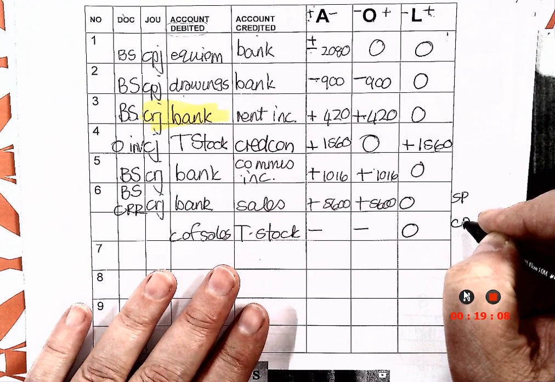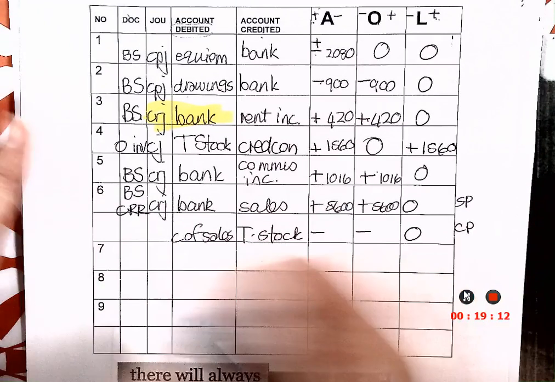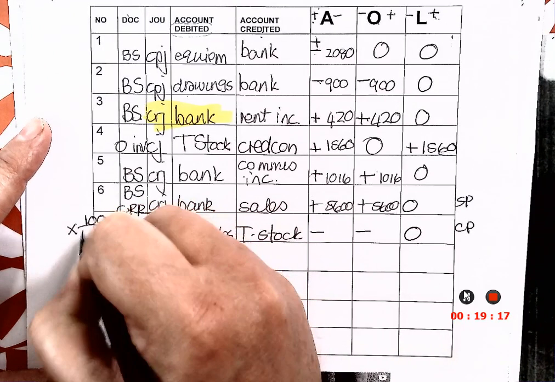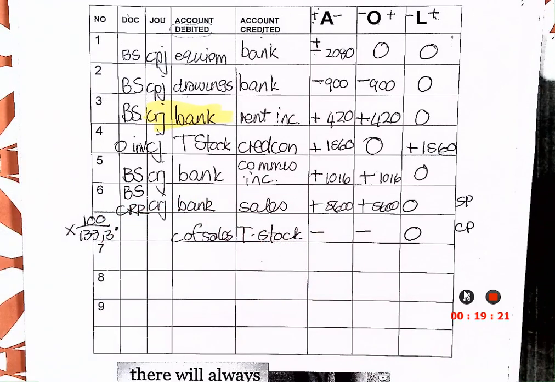Now this cost price is 33 1/3, which means I'm going to times with 100 over 133.3 repeating, meaning 333333333 till there's no more space on your calculator. Okay, and if your calculator doesn't stop, then you stop when it's about 7 or 8.